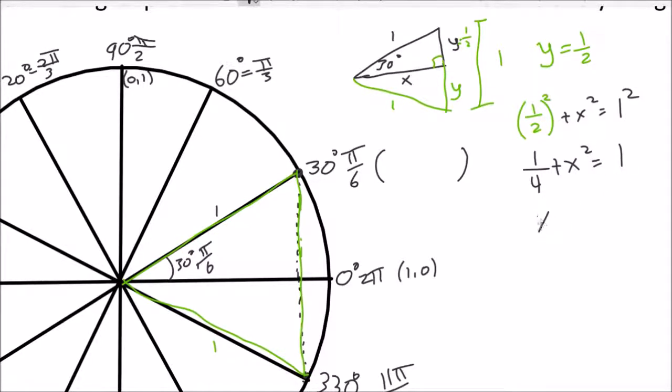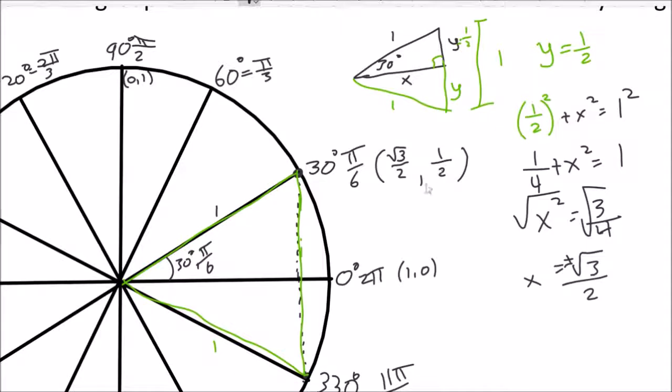Let's subtract 1/4 on both sides, so we get x squared equals 3/4, and then we take the square root of both sides, so we get plus or minus the square root of 3 divided by 2. Notice where that fraction bar is, guys. I've actually taken the square root of 4 to get the 2. So I have root 3 over 2, and that's what x is. So I now know x, and I know y, which means I know these coordinates. Cool. So what I have is my x value, root 3 over 2, and my y value of 1/2.